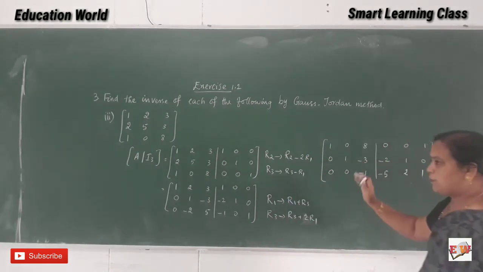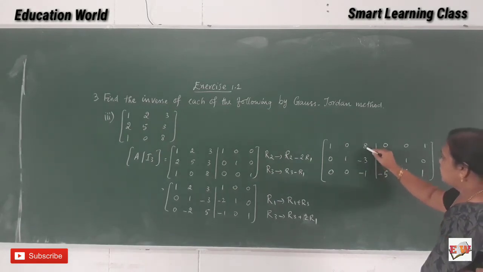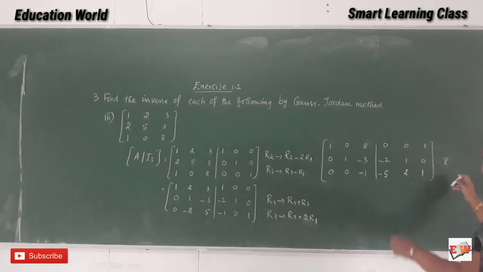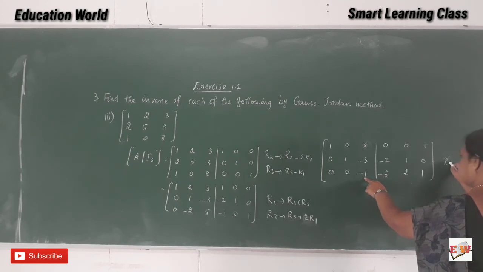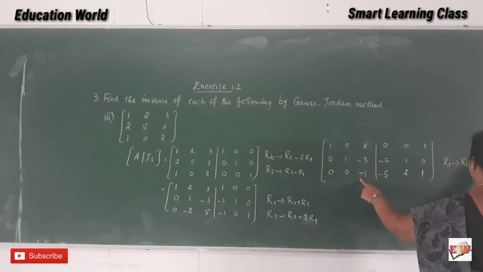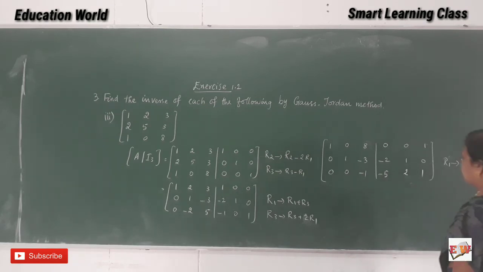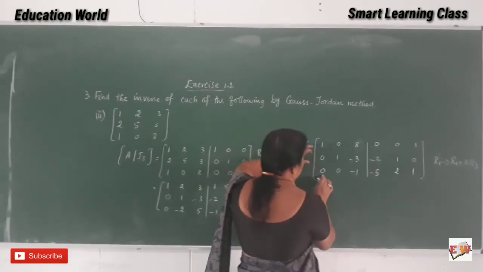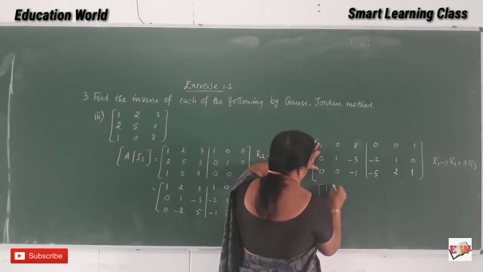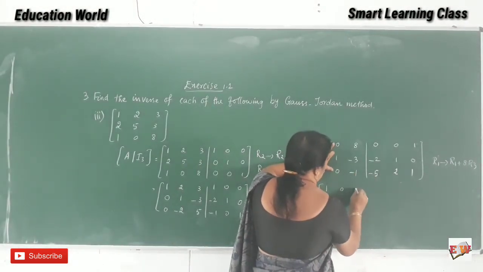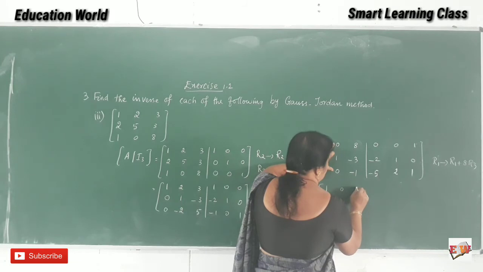So we completed 2 rows. Now we have to come to this. Suppose R1, R3, we can take R1 gives R1 plus 8 R3. What will it give? 1, here 0, here 8, 8 minus 8, 0.